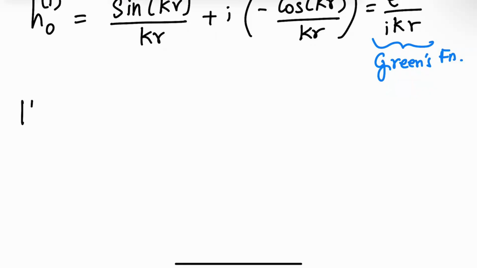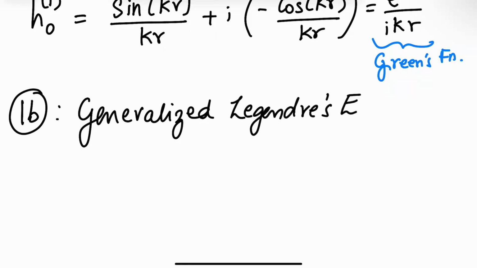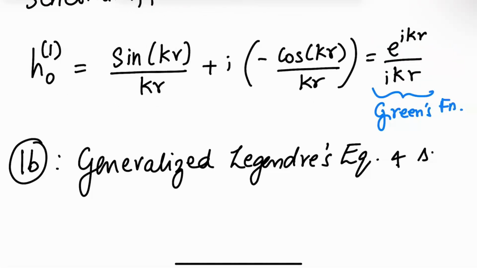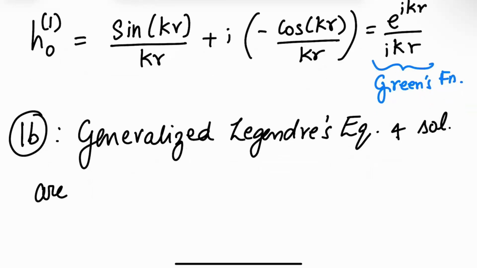So equation 1b is known as generalized Legendre's equation, and its solutions are the associated Legendre functions.